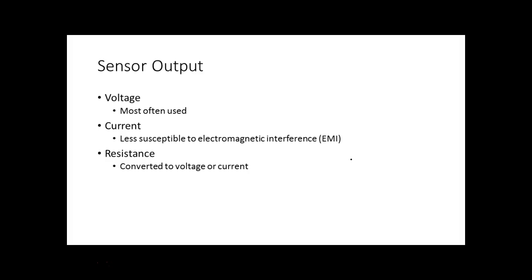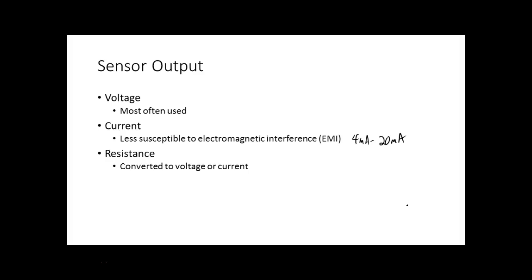So if it's a current interface, that means we're going to have a low resistance system, right? You understand? And these guys are going to conduct a current all the time. The most popular current out there is what we call a 4 to 20 milliamp current loop. So that means it's conducting a current all the time.